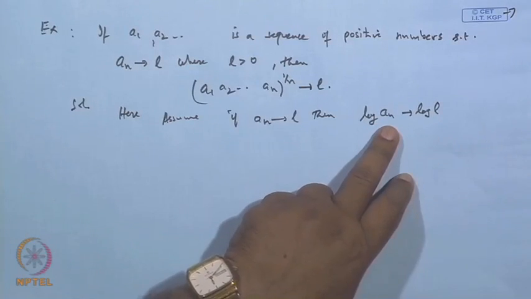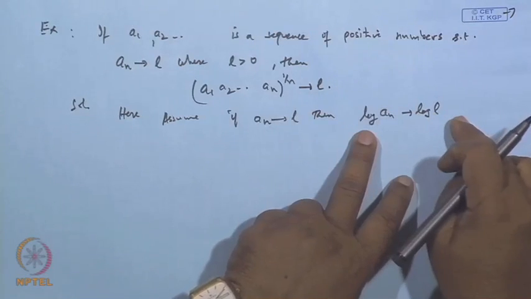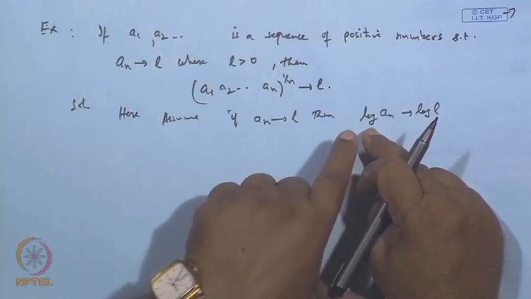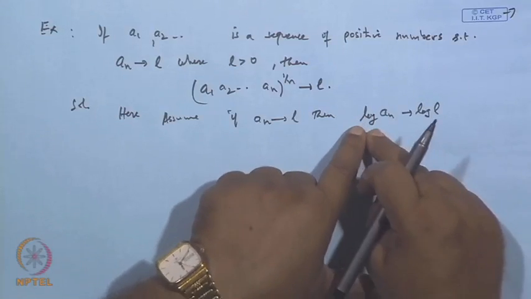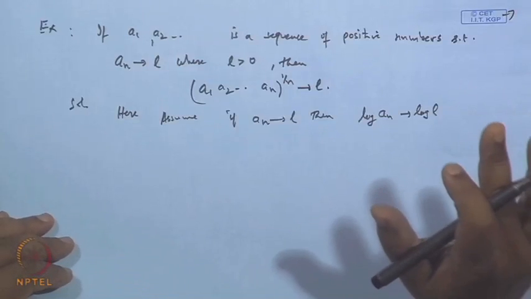A continuous function has the property that it transfers a convergent sequence to a convergent sequence. But since we have not gone to continuous functions so far, let us assume here that when a_n goes to L, then the logarithm of this will also go to log L.